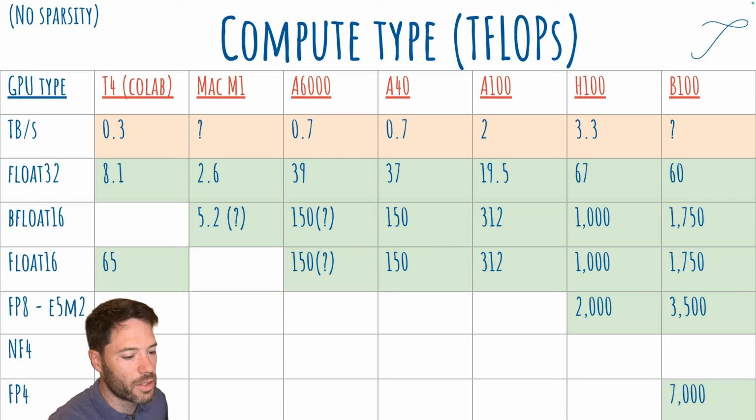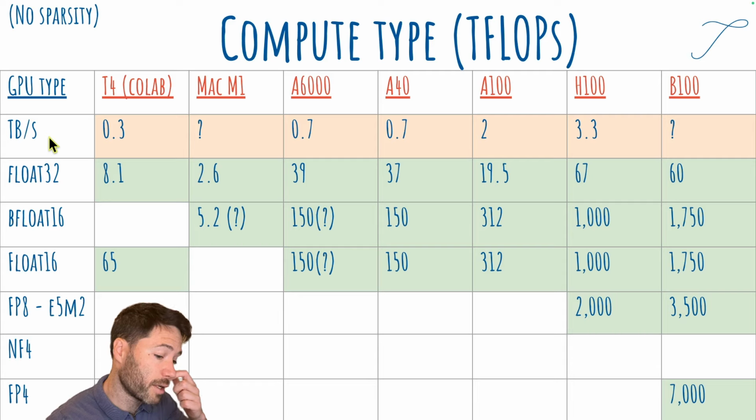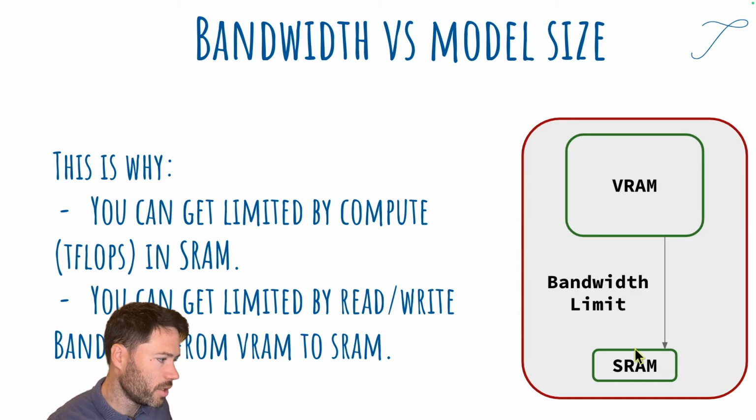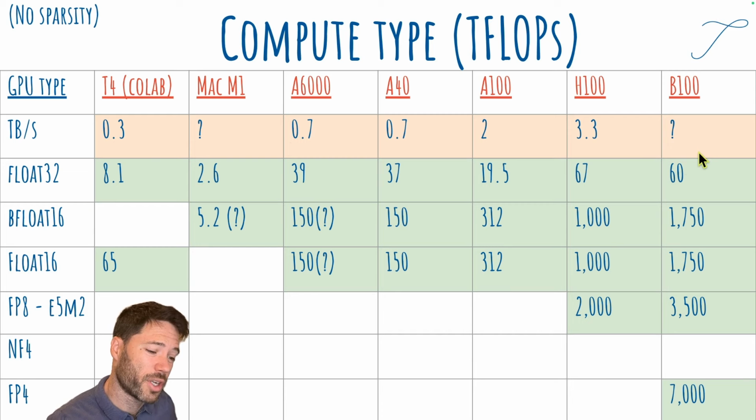So I've shown here an approximation for the bandwidth of these different models. Bandwidth is measured in terabytes per second. That's how fast you can read into the deep part where calculations happen. I don't have full data here, but generally the bandwidth is improving as we have newer generations of GPUs. They have higher flops and they have higher bandwidth.